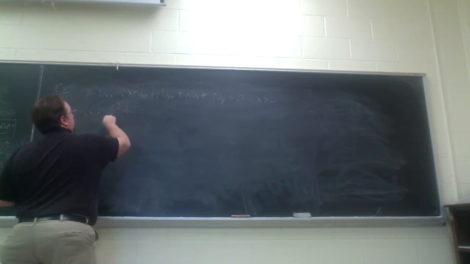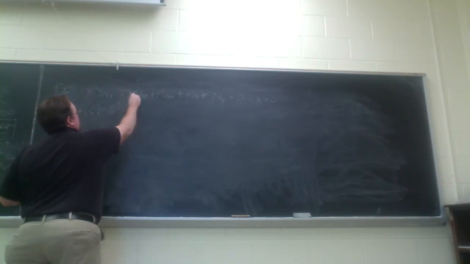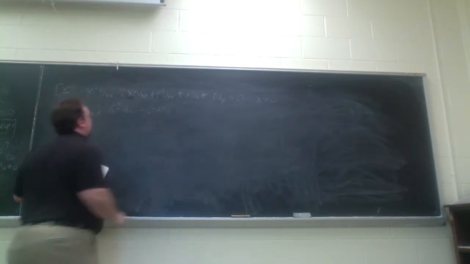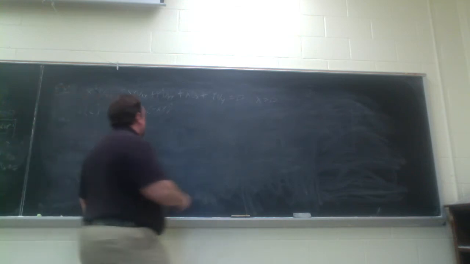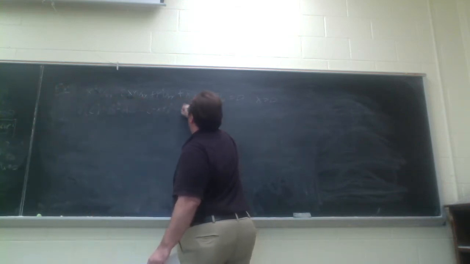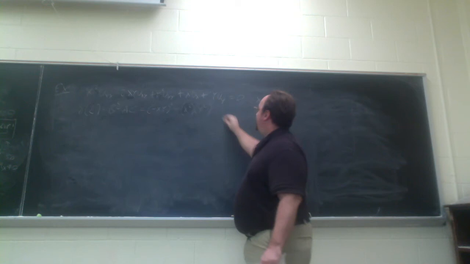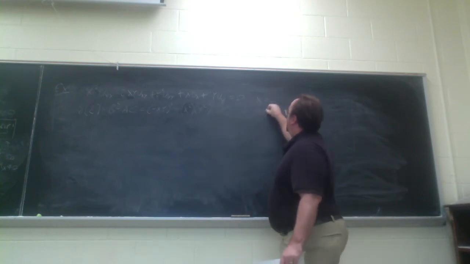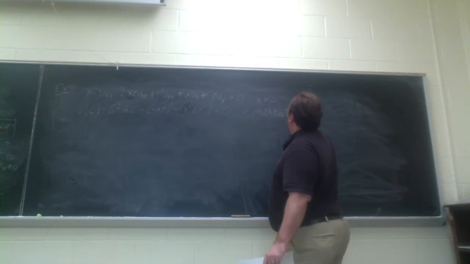So b is just the xy, or minus xy, leaving out the 2. And then A is x squared, and C is y squared. So once you work all that out, sure enough, you get 0. So this is parabolic.